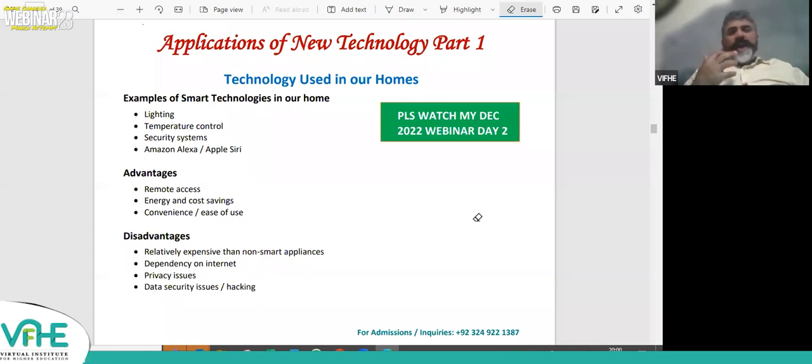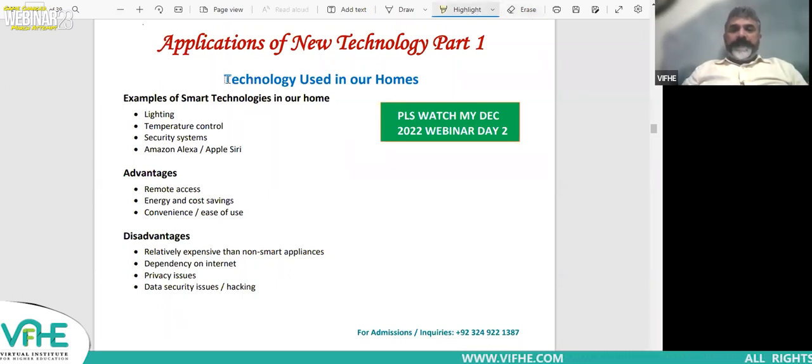It basically talks about the new technology in our homes. What are the new technologies which are now being used in homes? Smart technology. They gave some examples of smart technologies used in the home, like you can control your lighting through your cell phone.